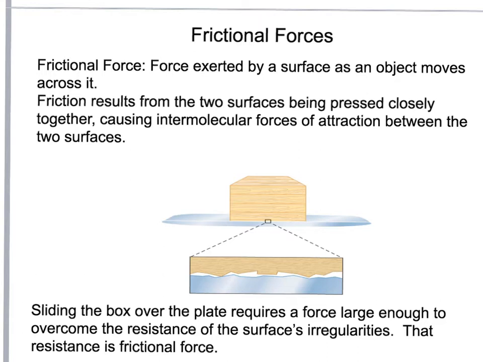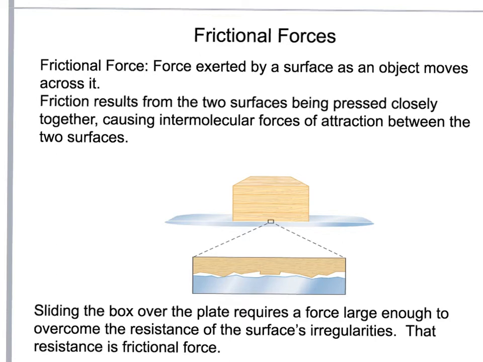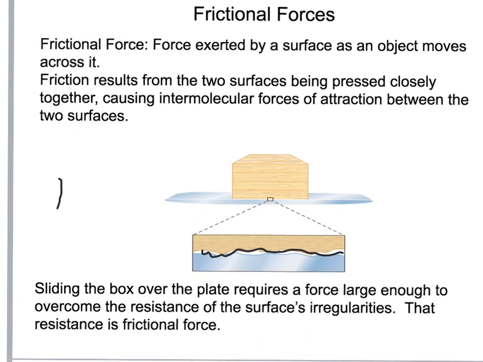So friction results from the two surfaces being pressed closely together, and it causes intermolecular forces of attraction between the two surfaces. So that's basically these ridges right here, these intermolecular forces of attraction right there. Let me move the slide up here. So I'm going to get back to this bottom bullet first.